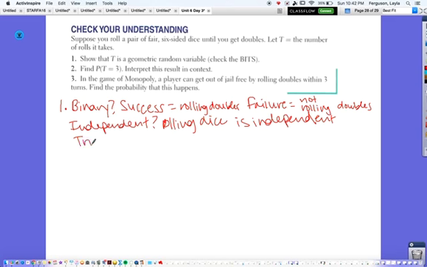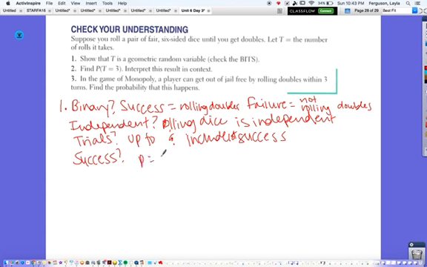The next thing we're going to talk about is trials. For the trials, we're counting trials up to and including the first success, and the last one is success. So can we say what p is equal to?